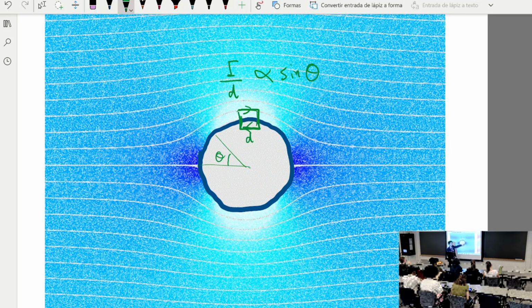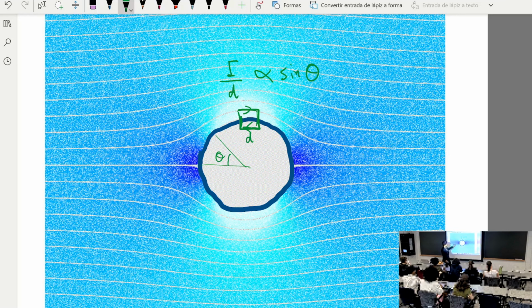That's also consistent with Monday. Then the circulation becomes negative, which means the vortices on the lower part of the cylinder rotate in the opposite way, counterclockwise instead of clockwise as on the upper side. It achieves the same maximum at the lowest point, and then goes back to zero. So this is the distribution of circulation.